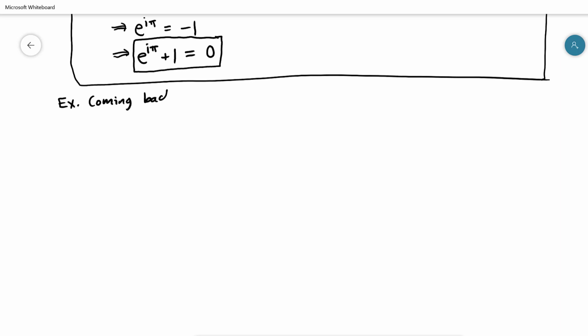So, coming back to z equals 1 minus i, in the original polar form this was the square root of 2 times the cosine of negative pi over 4 plus i times the sine of negative pi over 4. This is just the example we did a minute ago; I'm not doing any new math here.